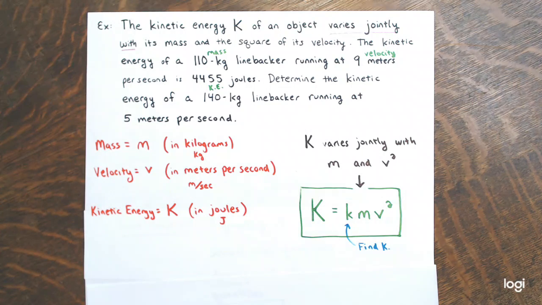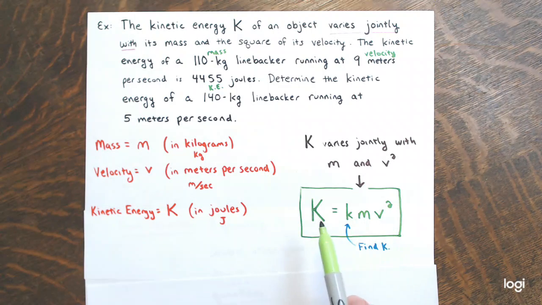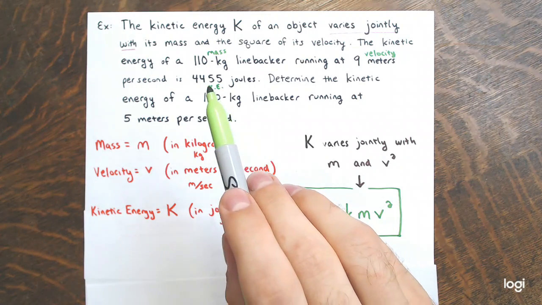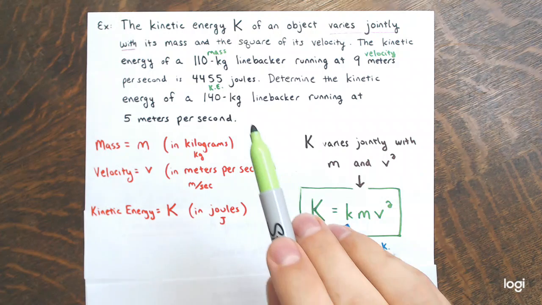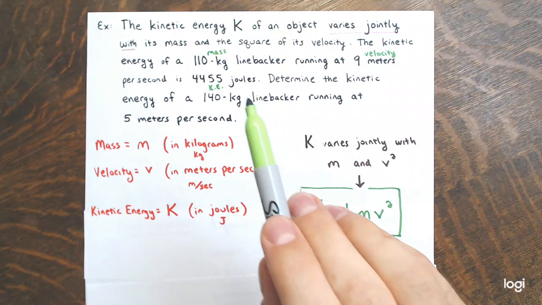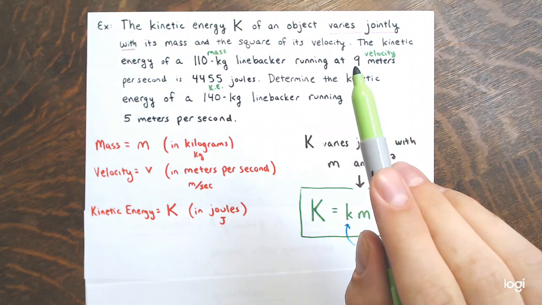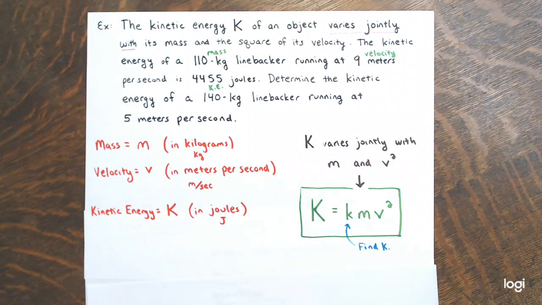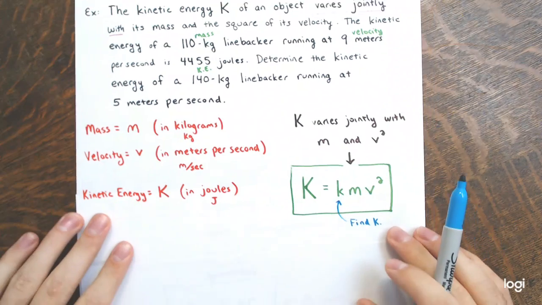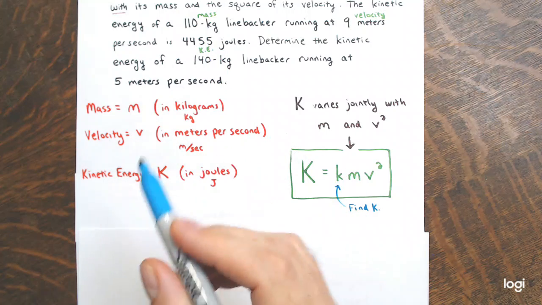So I have some numbers to plug in here. In the equation I've set up, this model, I replace the capital K, the kinetic energy, with the 4,455 joules, the mass, the lowercase m, with the 110 kilograms, and the velocity, the v, with 9 meters per second. And we'll have all the missing pieces except for the lowercase k, and then I can solve for that. So let's see what that looks like. I replace the K with the 4,455 joules.